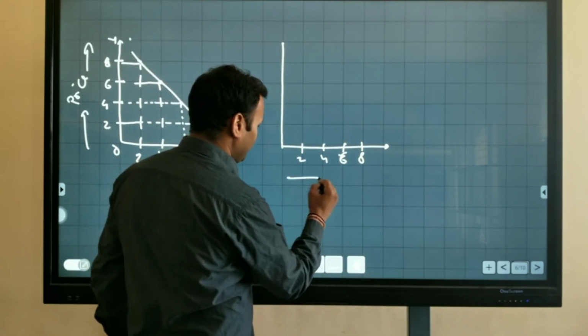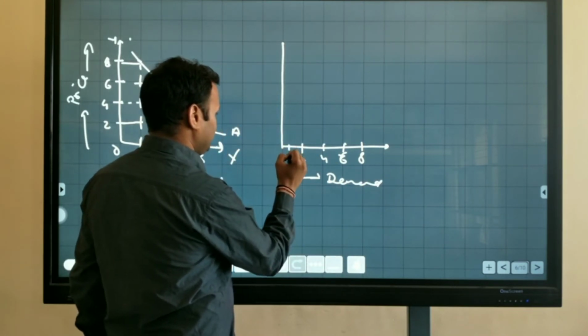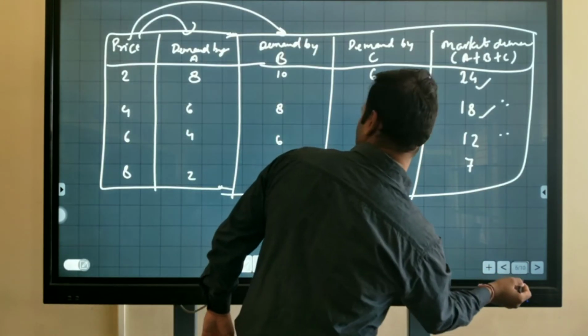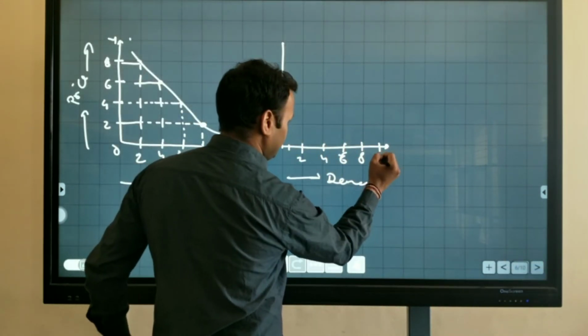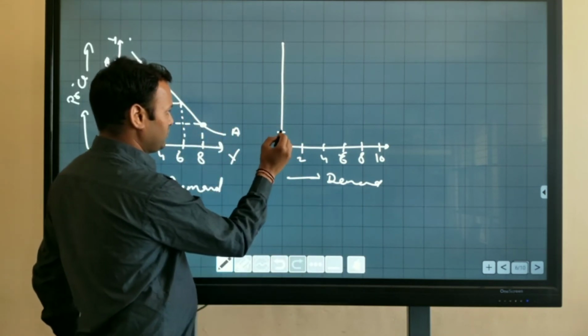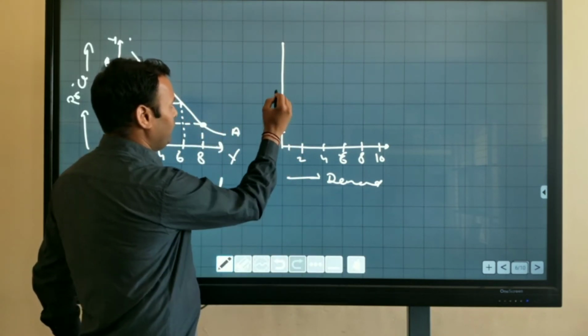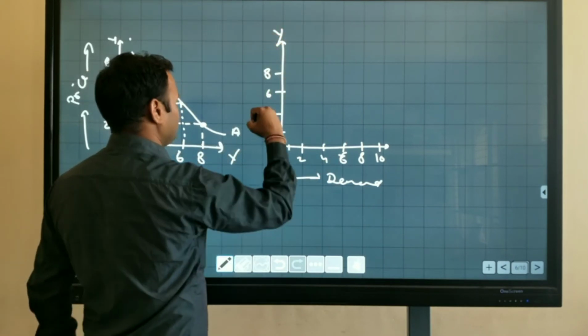Demand is this. Now come to the price. Here you just write 10, and here write 2, 4, 6 and 8. This is the y-axis, so this is the price line.